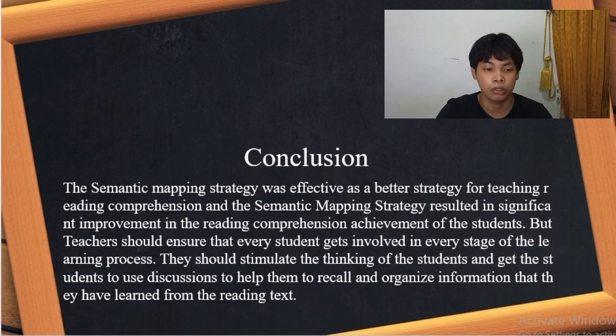And the conclusion: the semantic mapping strategy was effective as a better strategy for teaching reading comprehension, and the semantic mapping strategy results in significant improvement in the reading comprehension achievement of the students, but the teacher should ensure that every student improves in every step of the learning process.